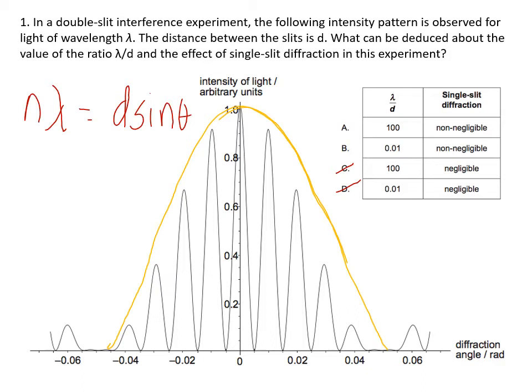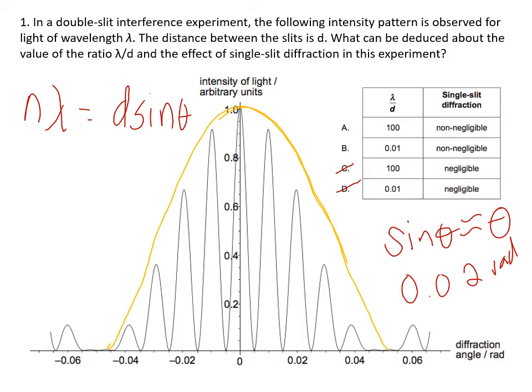Sometimes it is possible to use the small angle approximation, where sine theta is approximately equal to theta. When you have a really tiny number of radians, if I remember correctly, it's less than 0.02 radians, which is less than 10 degrees, so whatever that is in radians.